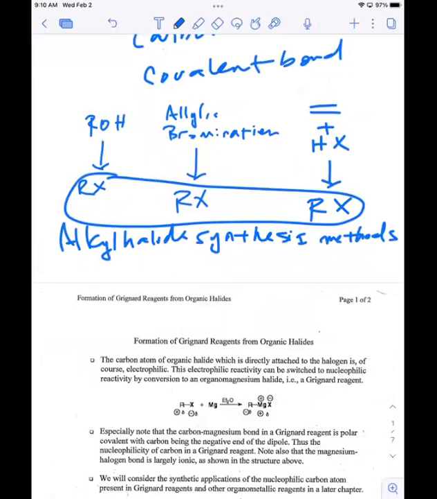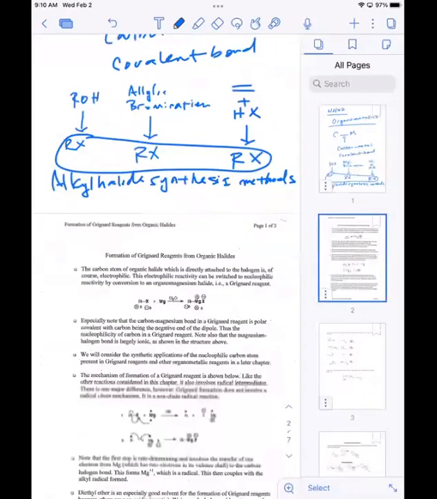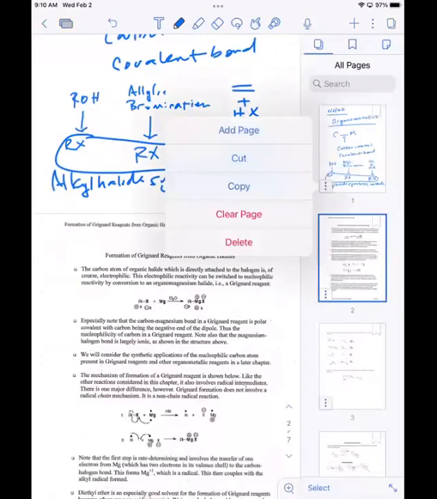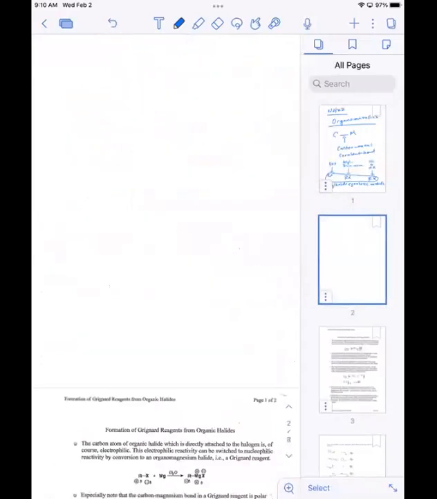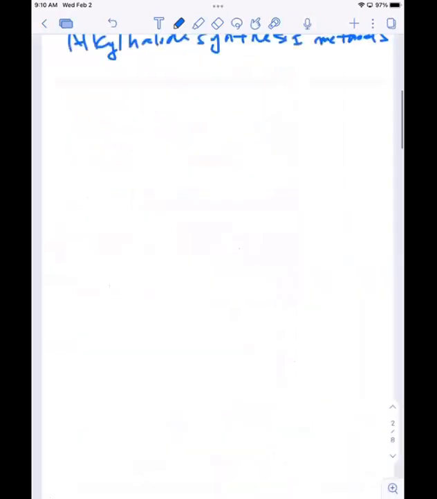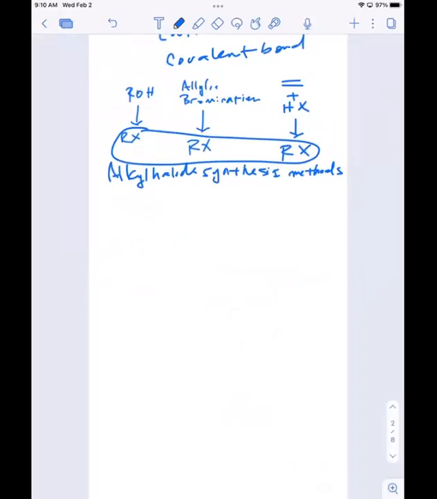All right, so with those alkyl halide methods, we can take the alkyl halide and actually apply it. So that's what we're doing now. These are synthesis methods. Now we're looking at applications.